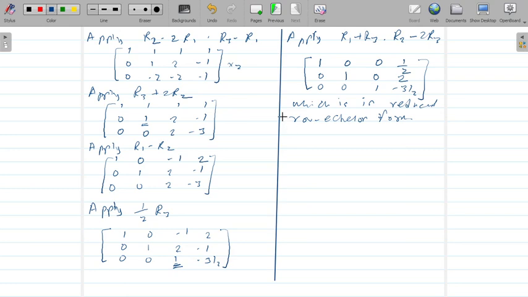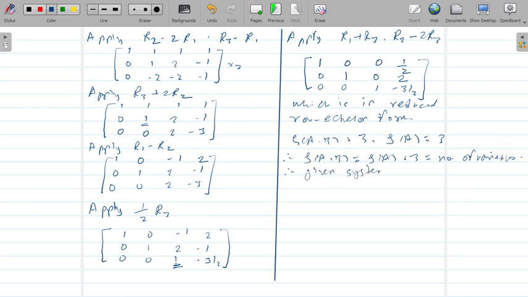Now from the last matrix, if you want to check the consistency: rank of augmented matrix is 3, rank of matrix is 3, and therefore you can say that this common rank of A augmented B is equal to rank of A equal to 3, equal to number of variables, and therefore the given system has a unique solution or only one solution.